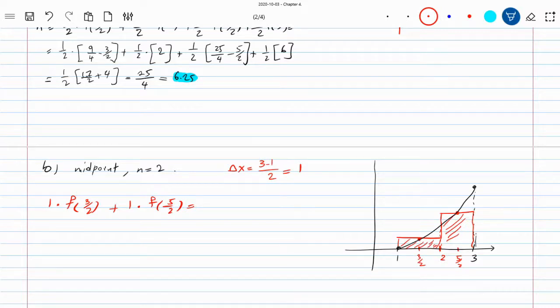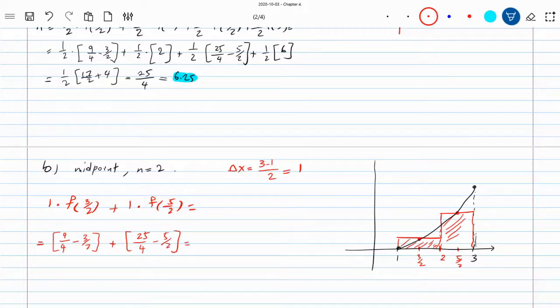F of 3/2, we already figured that one out. Let me write it underneath. I'm going to ignore the 1 dot, because that doesn't change anything. You'll have 9/4 minus 3/2. That was the f of 3/2, plus f of 5/2 was 25 over 4 minus 5/2.